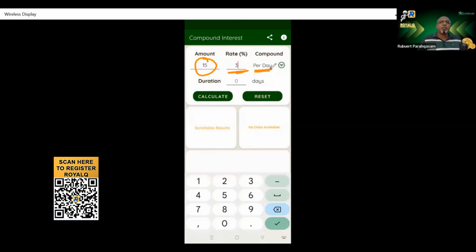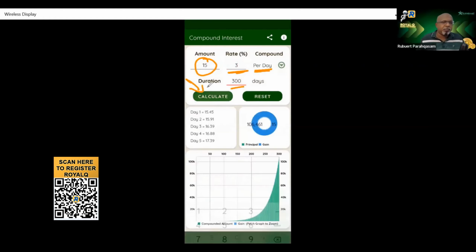How many times are we going to repeat this, guys? 300. Now let's calculate. The moment we calculate, you get all these answers. Do you see this? $106,000.